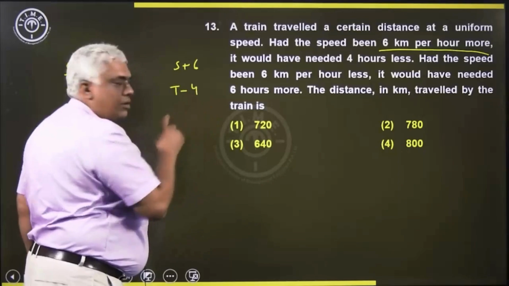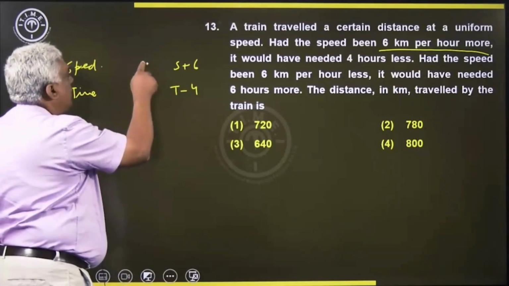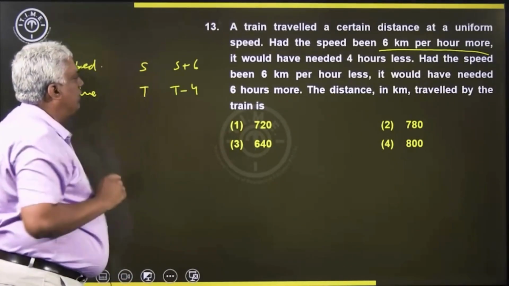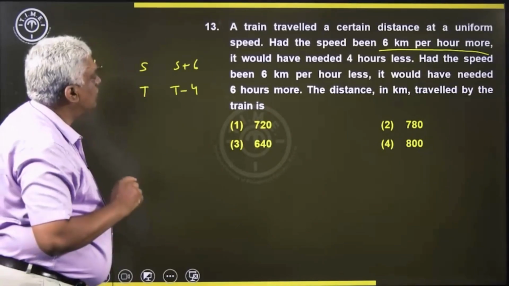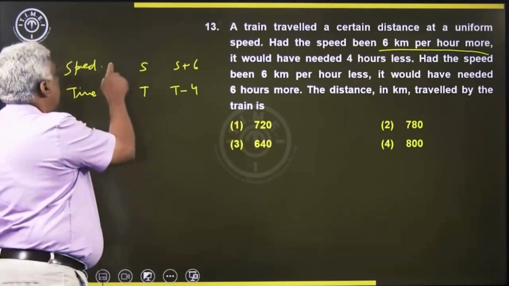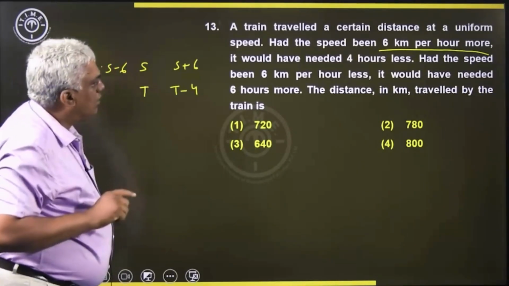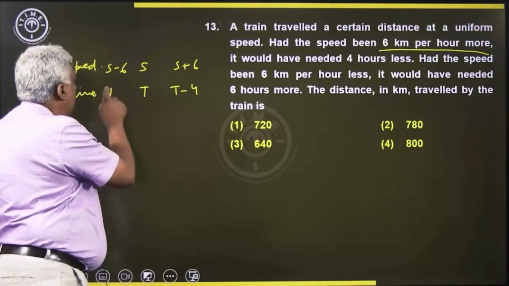And when the speed was s, the time taken was t. When the speed was 6 km per hour less, s minus 6, the time is 6 hours more.